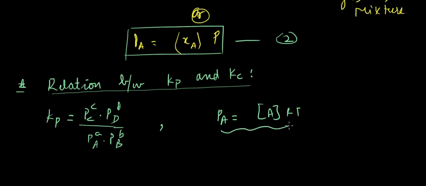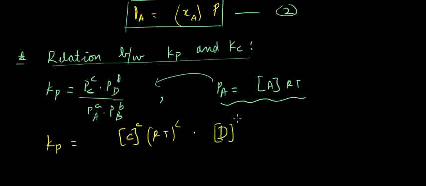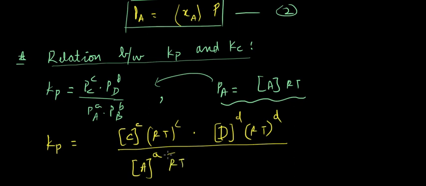So just putting this value into the equation for all the gases, we will get Kp as the concentration of C raised to power C, RT raised to power C, multiplied with the concentration of D raised to power D, RT raised to power D again, divided by the concentration of A raised to power A, RT raised to power A, multiplied with the concentration of B raised to power B into RT raised to power B again.